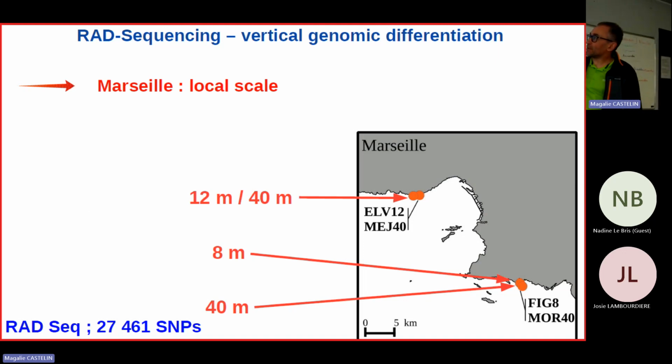We had 2 replicates to analyze 2 depths: in the north of Marseille, 12 and 40 meters, and in the south of Marseille, 8 and 40 meters. The RAD-seq data, from the PhD of Marine Pratlong, had a bit more than 27,000 SNPs analyzed.